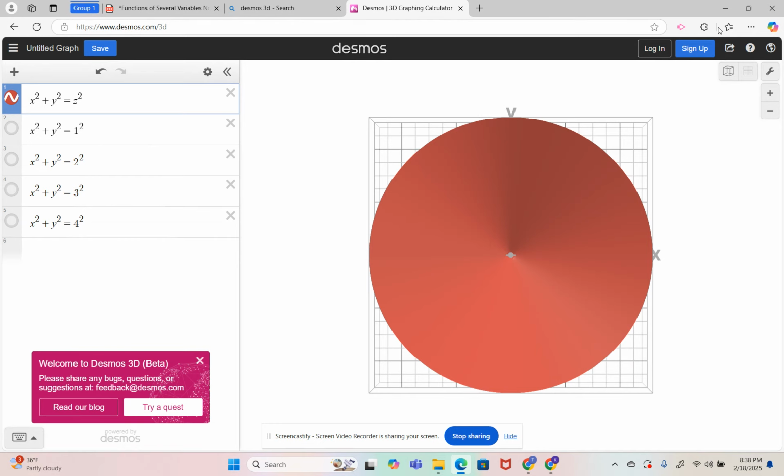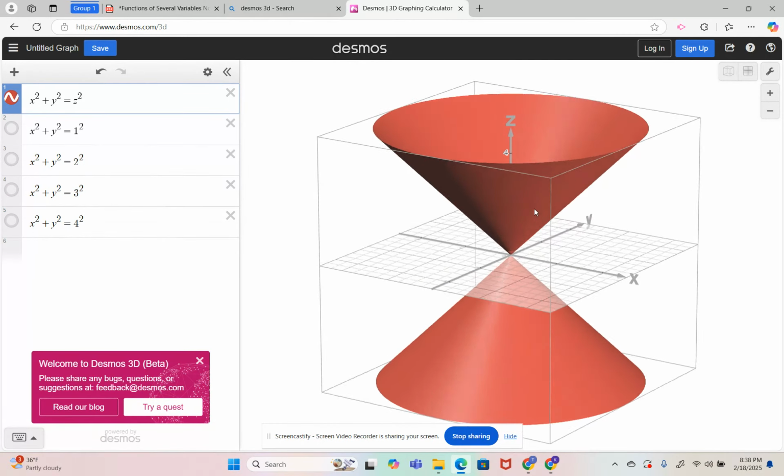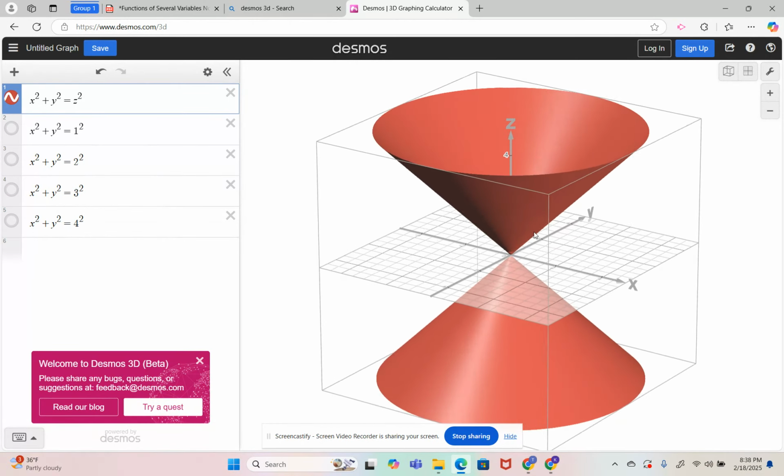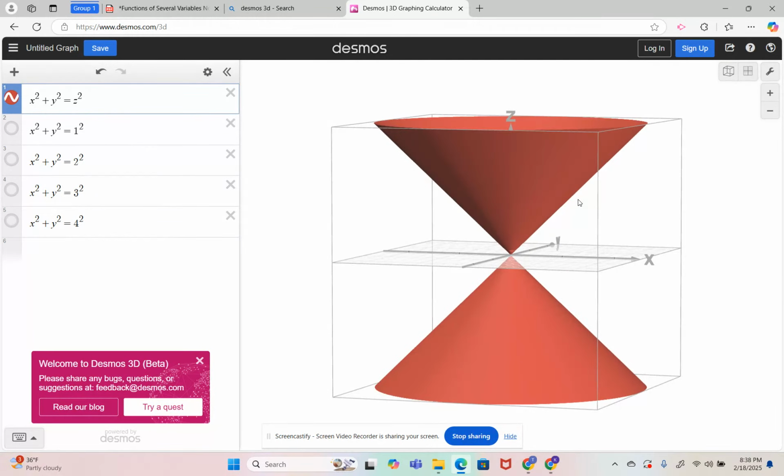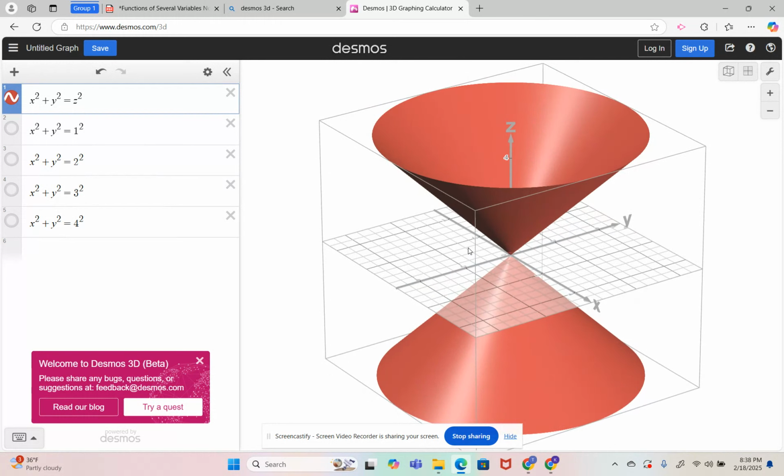So if we look at this three-dimensional, you see the cone, and so the original, so we had square root of x squared plus y squared.